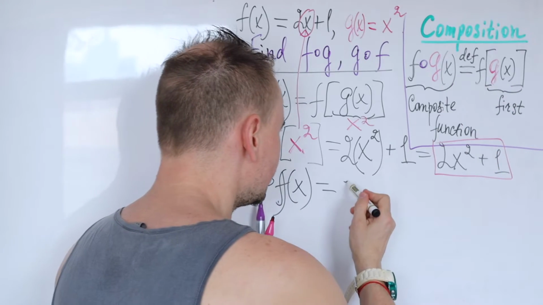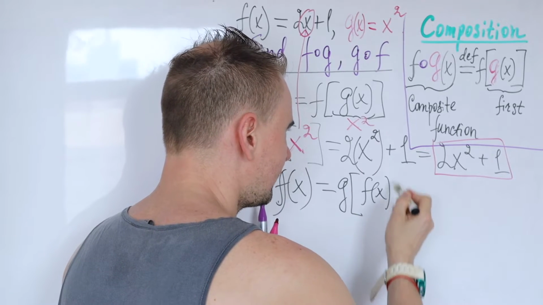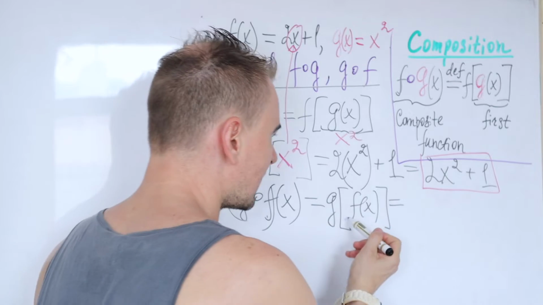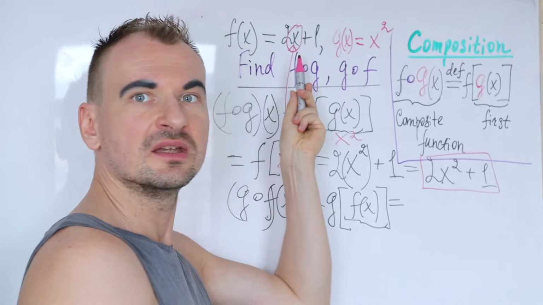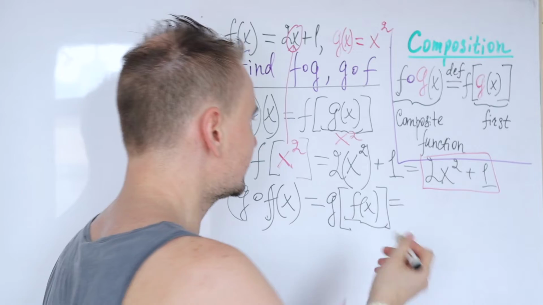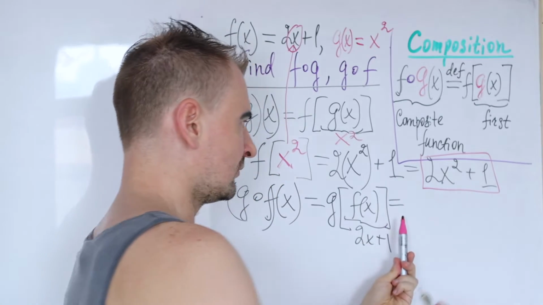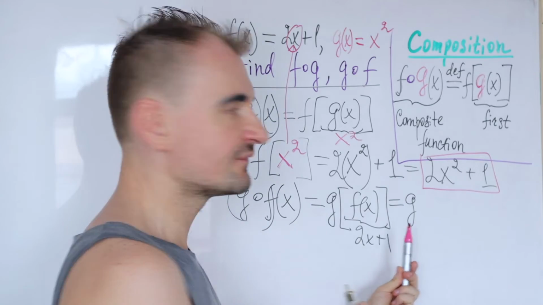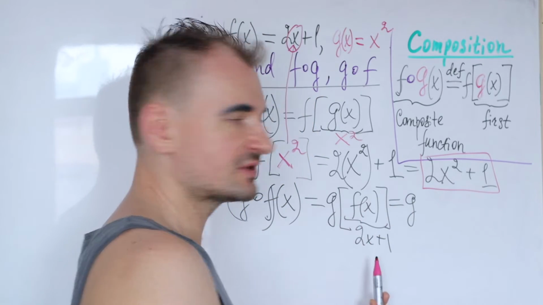So you keep g outside for now, and you take f of x first. Instead of f of x, I'm going to plug in the equation of f of x, which is 2x plus 1. So I'm keeping this g outside, and instead of x, I'm replacing f of x with 2x plus 1.